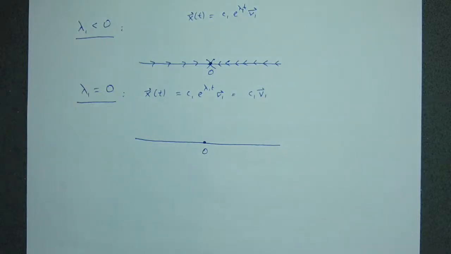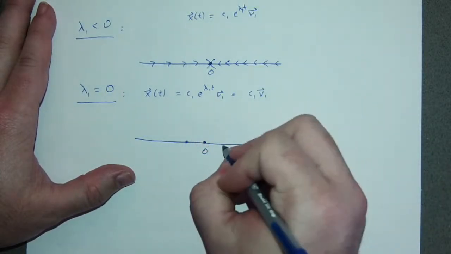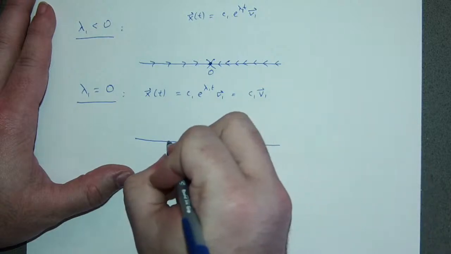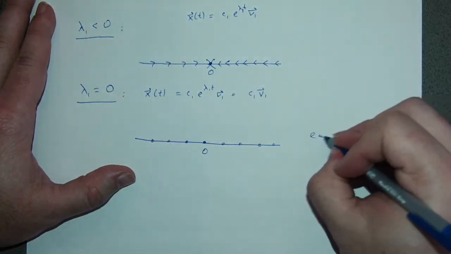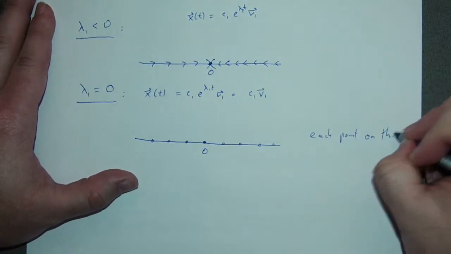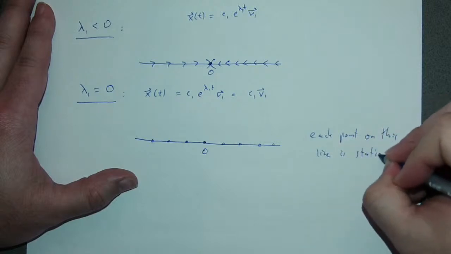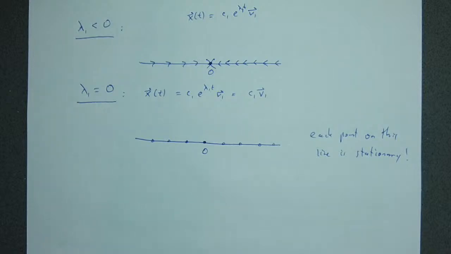But now there's something different going on here. The way that this looks is that each point here is stationary. So each point on this line is stationary. How do I know that?